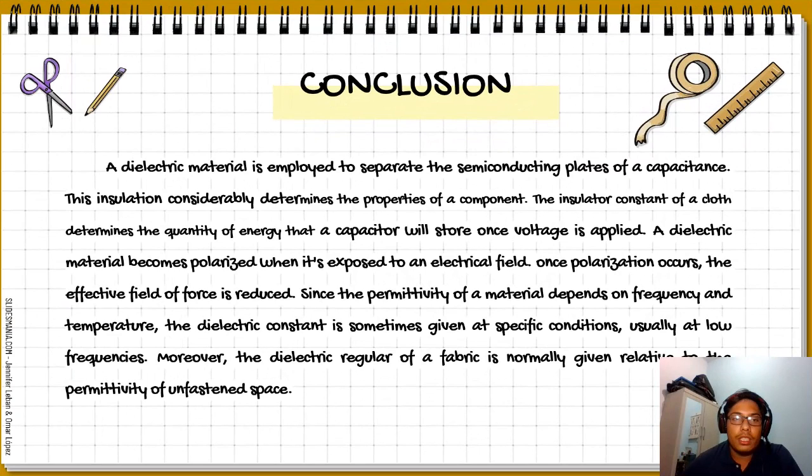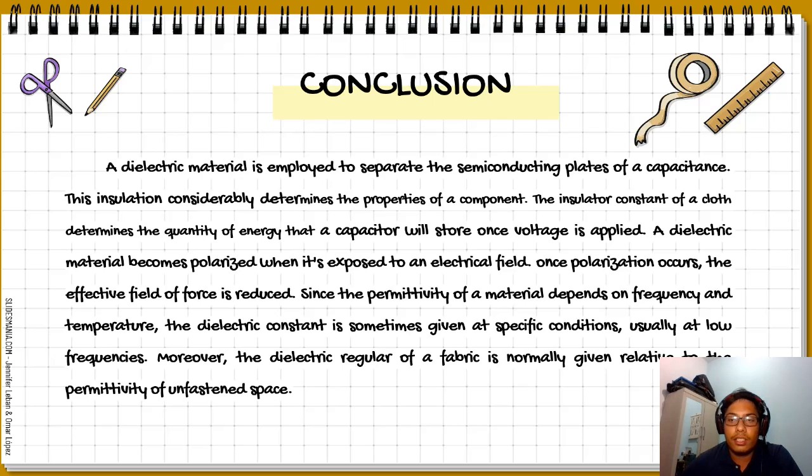For the conclusion, a dielectric material is employed to separate the conducting plates of a capacitor. This insulation considerably determines the properties of a capacitor. The dielectric constant of a material determines the amount of energy that a capacitor will store once voltage is applied. A dielectric material becomes polarized when it is exposed to an electric field.